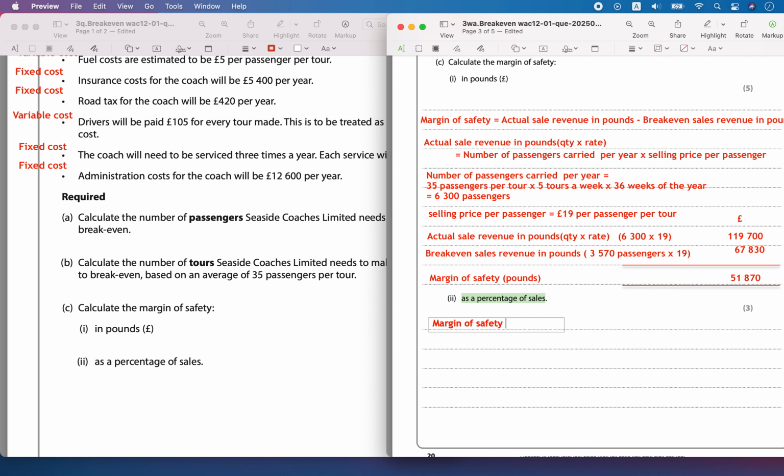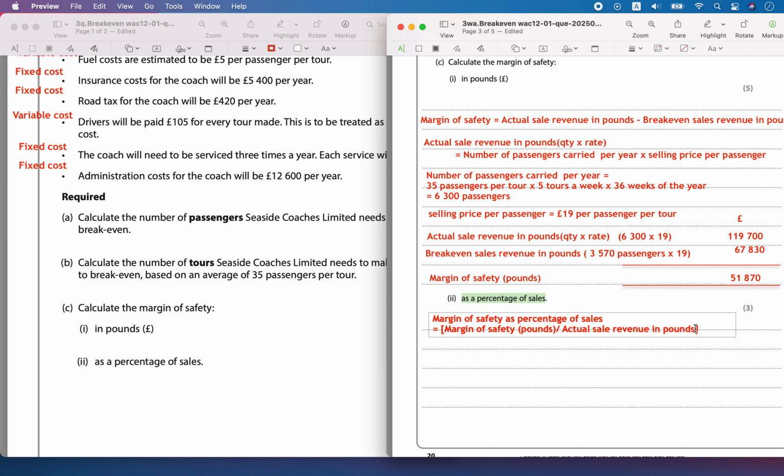It's also a ratio, as a percentage of sales. That is equal to the margin of safety in pounds divided by the actual sales revenue in pounds we calculated, times 100, because it's a percentage.